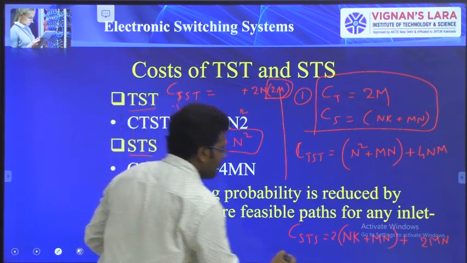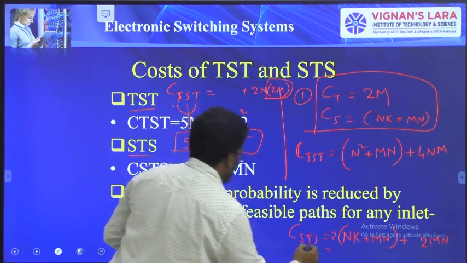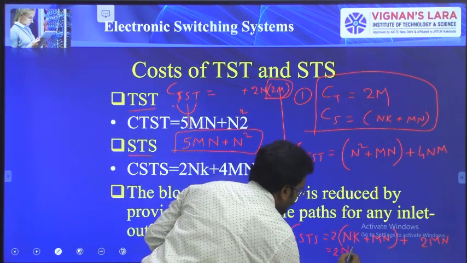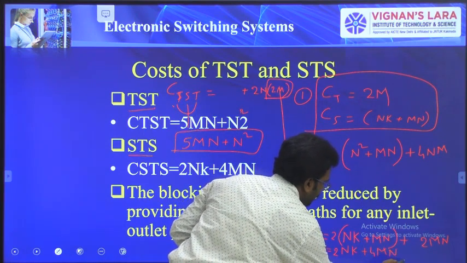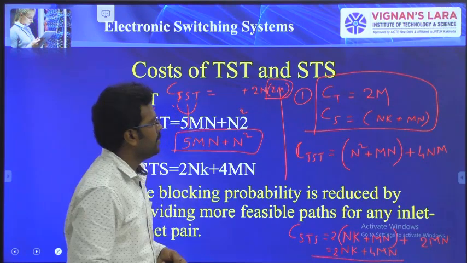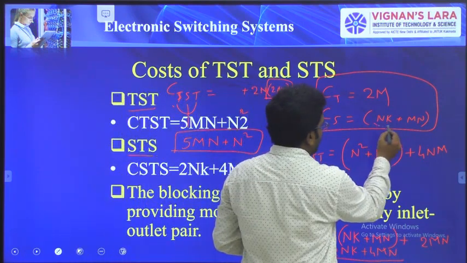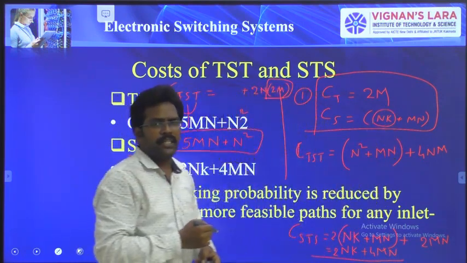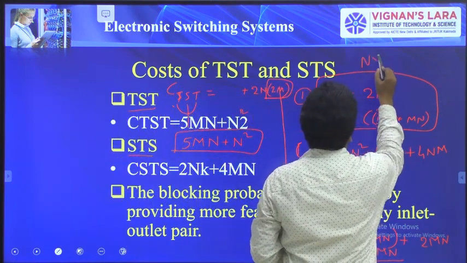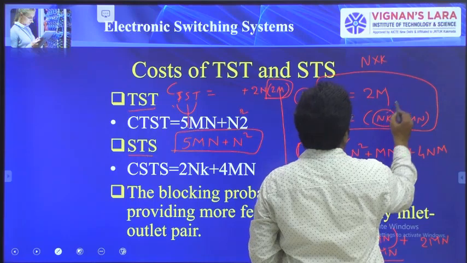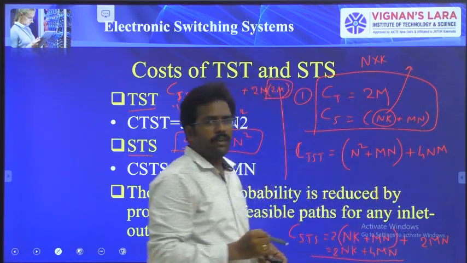If you expand this, the final answer is 2NK plus 4MN. This represents the size of the space arrays. If I am using an N cross K space array, it is NK, the total cost of the switch.